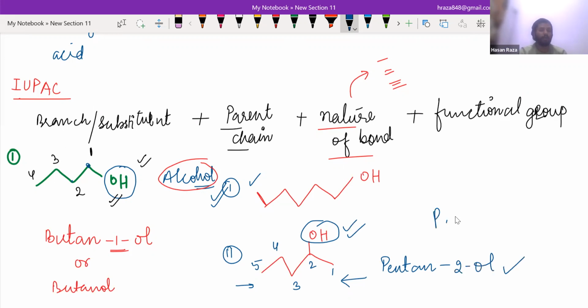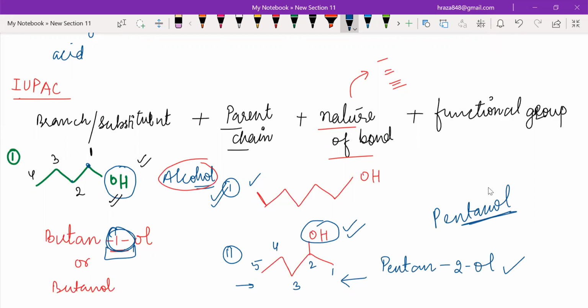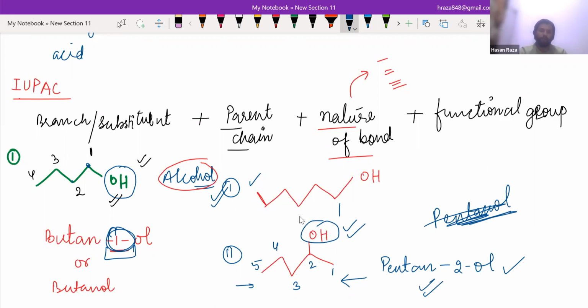You are not going to write it as pentanol. We can write it like that only when it is on the first position. Are you getting my point? Yes. So for the first one it is hexanol, or 1, 2, 3, 4, 5, 6, hex, and all are singly bonded, hexanol, or 1-ol you can write.